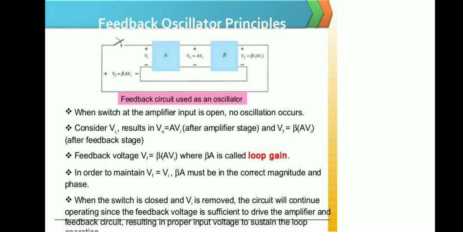In order to maintain the feedback voltage Vf equal to Vin, beta A must be of the correct magnitude and phase. When the switch is closed and the input voltage is removed, the circuit will continue operating since the feedback voltage is sufficient to drive the amplifier and feedback circuits, resulting in a proper input voltage to sustain the loop.